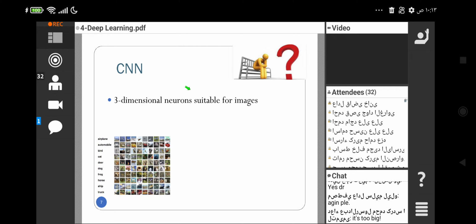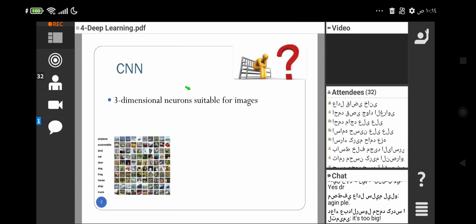In the CNN, we have three-dimensional neurons, and so this data could be entered better. So in the CNN, we will have 1024 neurons that the image would enter.